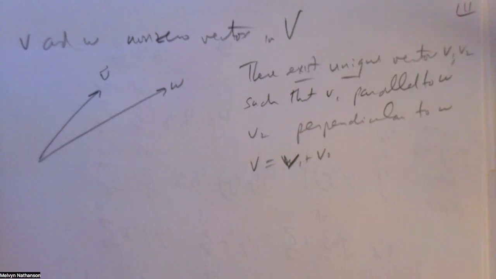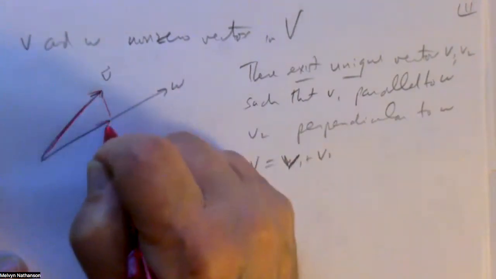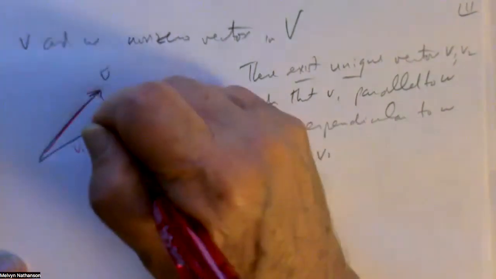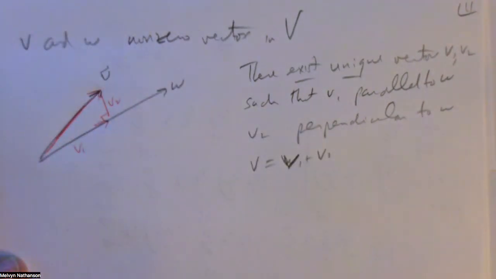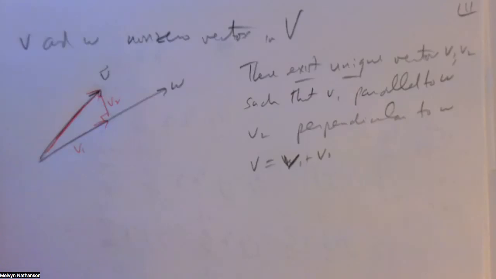So we have, here's my vector v, and there's a piece v1 parallel to w, a piece v2 perpendicular to w, and v is v1 plus v2.